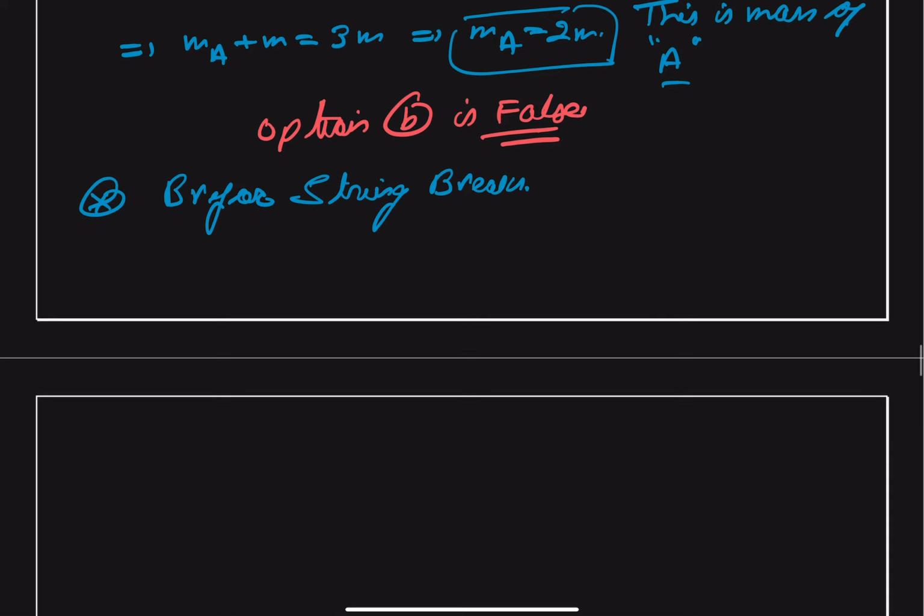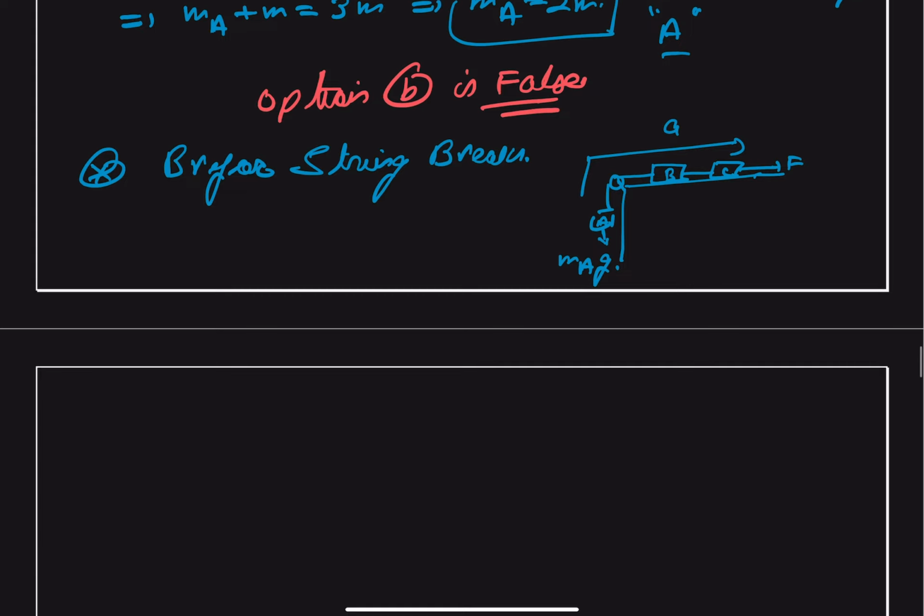We have a pulley here, and with the string, this is B, and this is C. Force F is being applied, and here we have block A, and the entire body is moving with the acceleration A towards the right side, and in the downward direction we are going to have a force that is MA multiplied by G. So we can write the equation of motion that F minus MA G will be equal to MA plus M plus 3M multiplied by A.